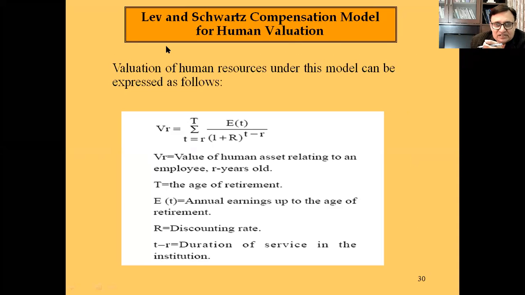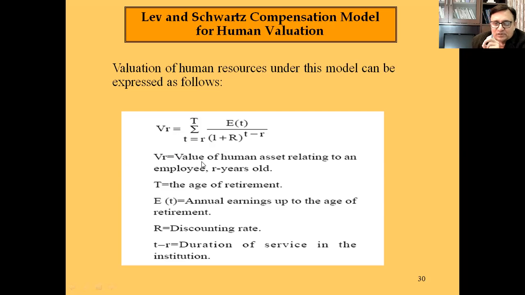So Lev and Schwartz have given this model, which is visible on the screen to all of you. Value of the human resources, VR, relating to an employee who is R years old. Suppose in the organization we have three groups: age up to 50, age up to 60, age up to 70.